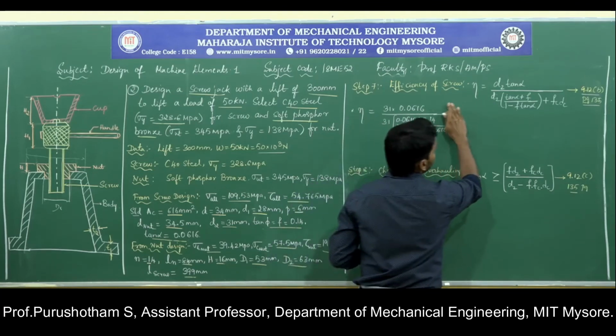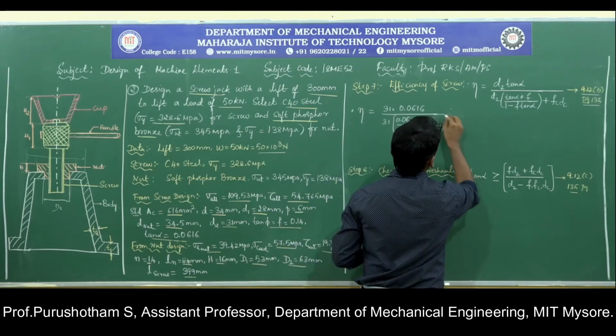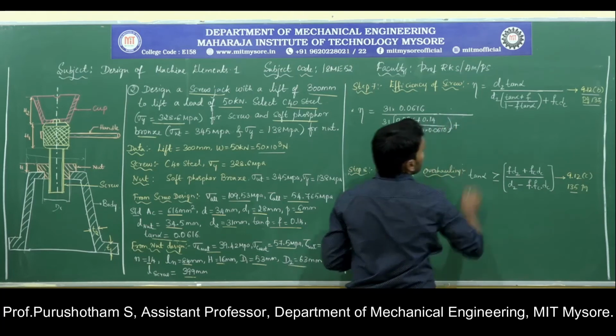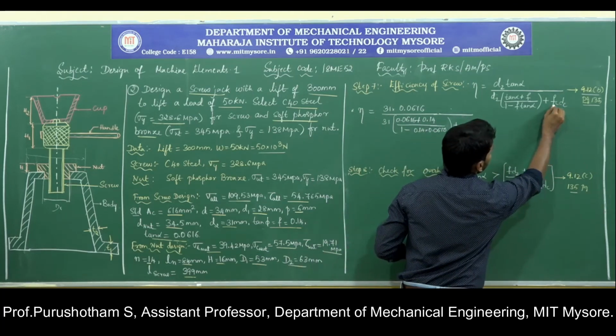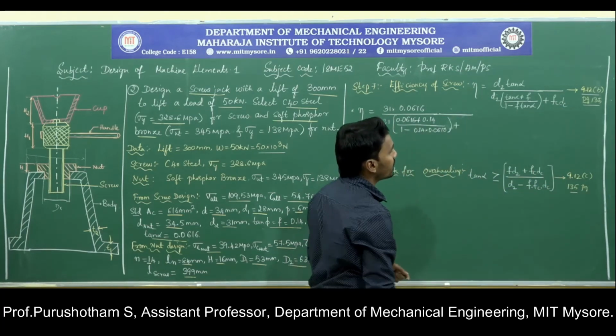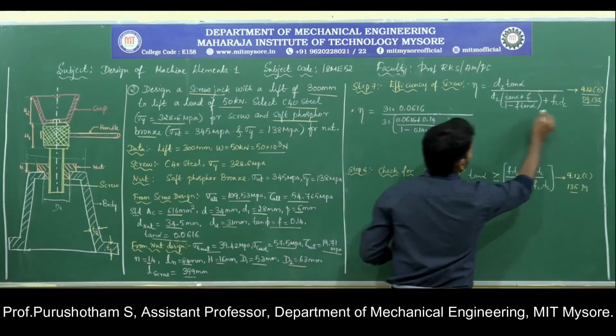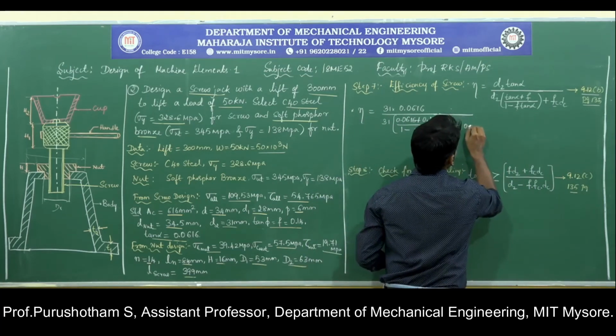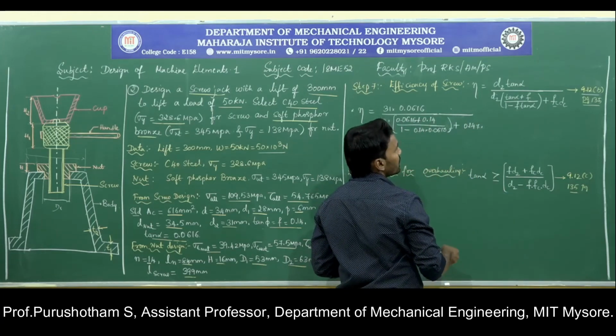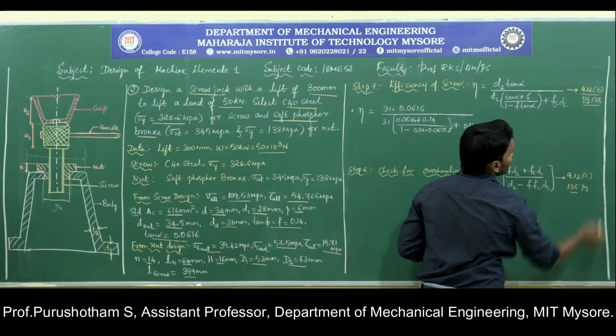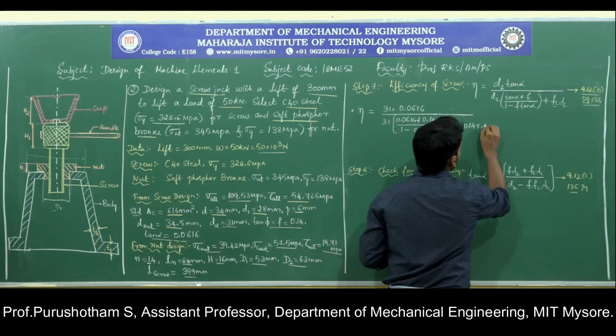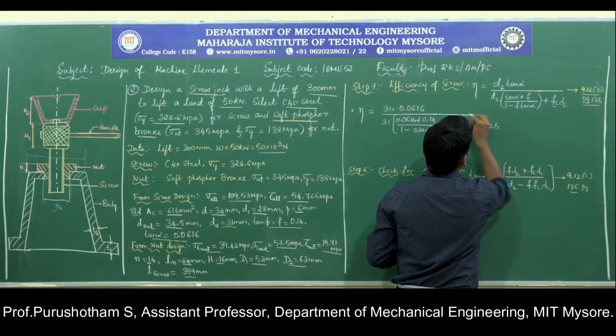Plus f_c d_c, that is the coefficient of friction in the collar and the mean diameter of the collar. The coefficient of friction in the collar is 0.147, which was calculated in step number 3. The mean diameter of the collar is 42.5.